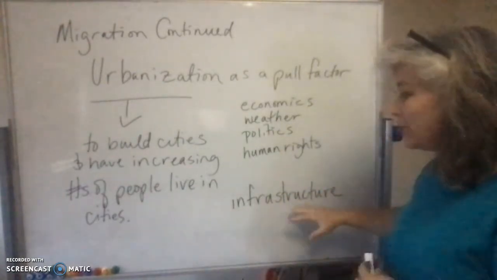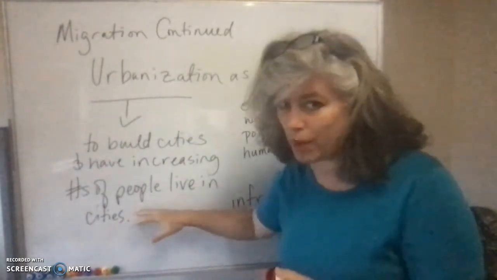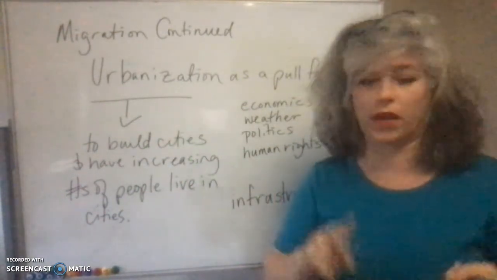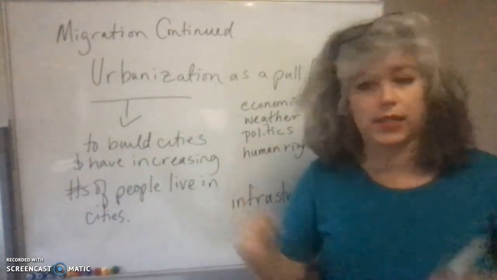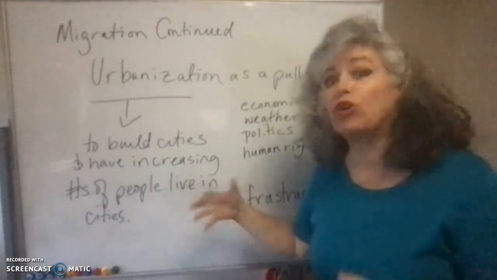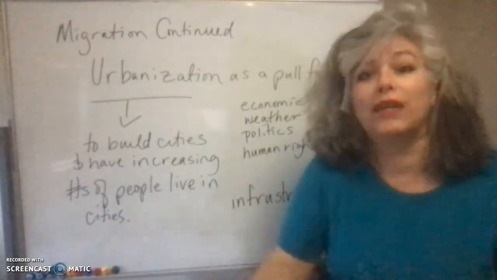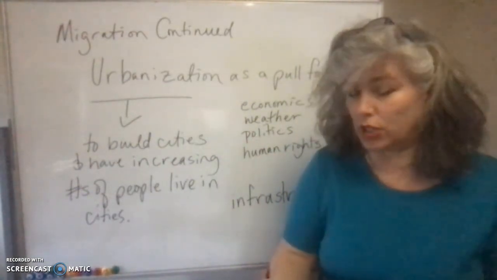So that's where the infrastructure comes in, with people flocking to cities because the jobs are there, because opportunity is there, because education is there, because maybe, in our minds, better living conditions exist there potentially.